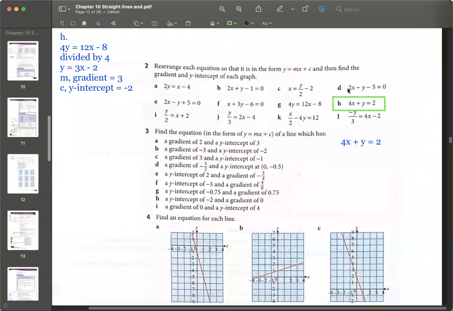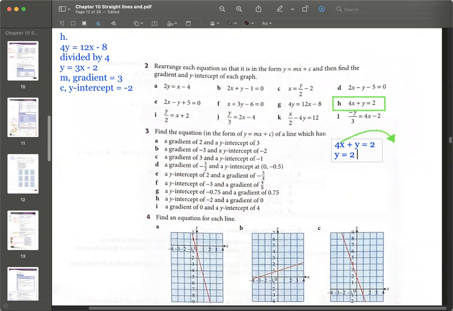For a question like this, you just need to focus on whether the y is positive. First thing you check is if it's positive. If it's positive, then you don't move it. So we're not going to move this y here, because my y is already positive. I'm just going to leave my y here.